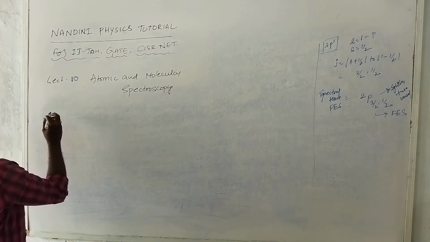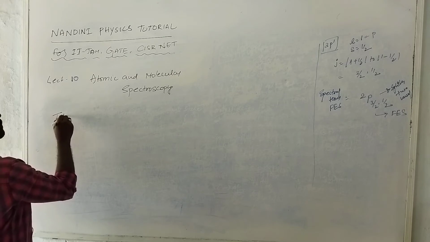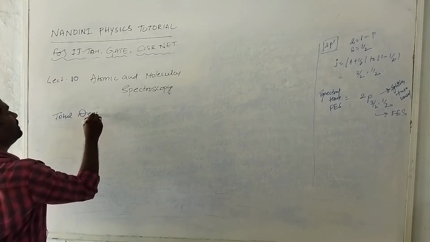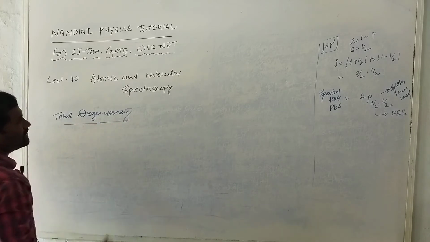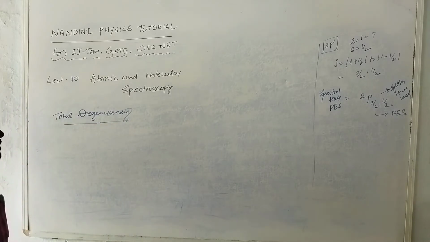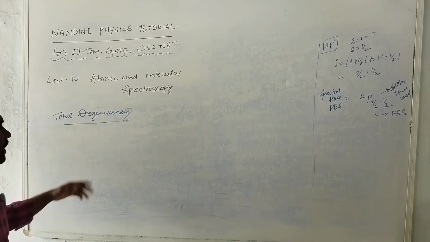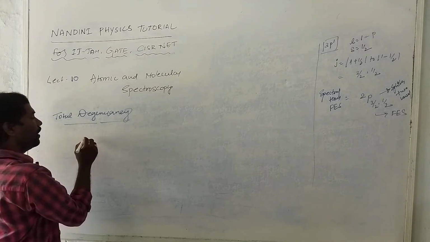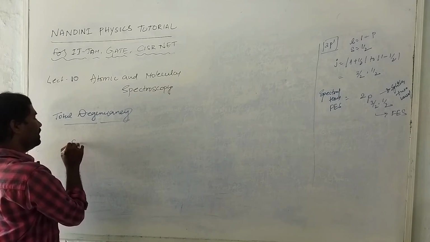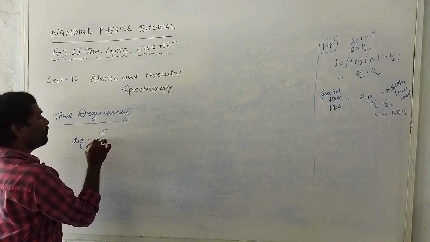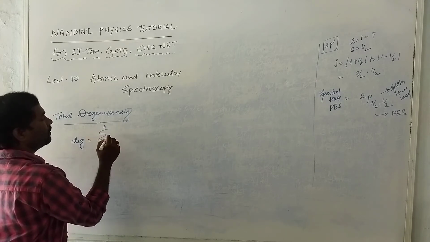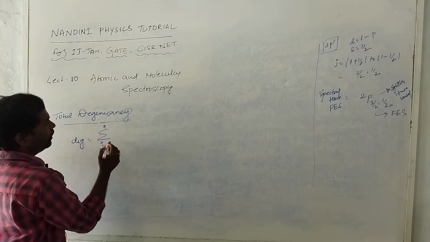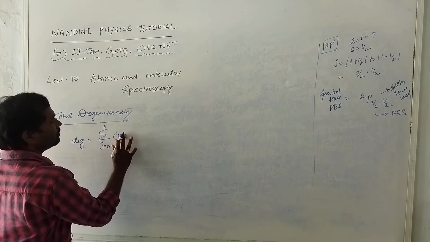See, total degeneracy: how to find it? Degeneracy is equal to the sum over j from 0 to n of (2j + 1).